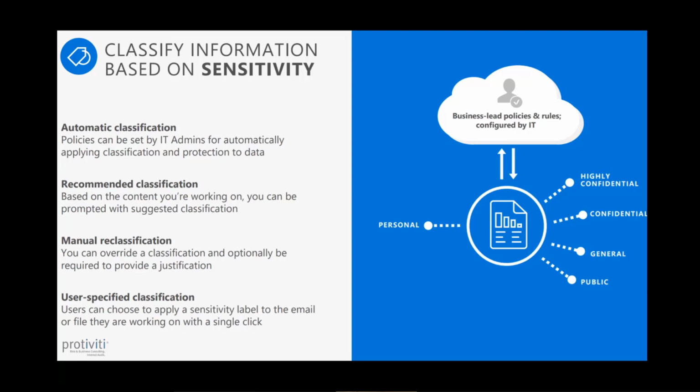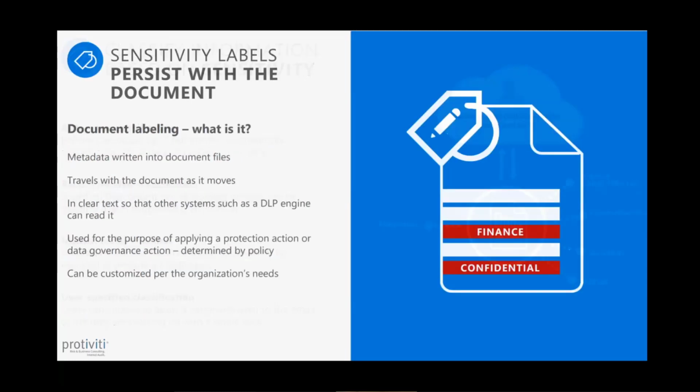You can also do overrides. If a user created something that's confidential and we identify it, you can override and say, actually, that's highly confidential. And if they want to take it back, it'll ask, are you sure? You have to justify this. And then that gets logged consistently. So really, automatic or manual, either way, you can get data to be classified using these labels.